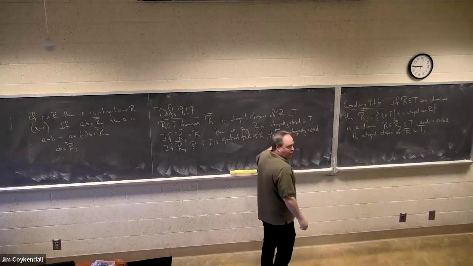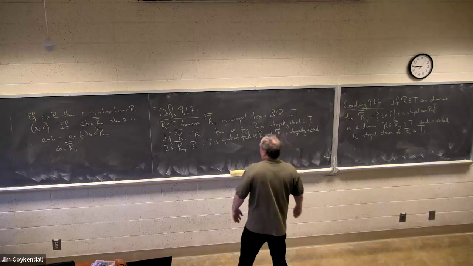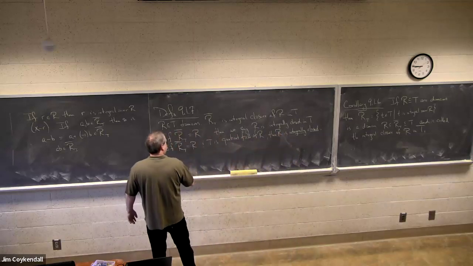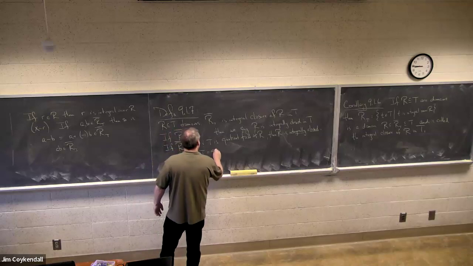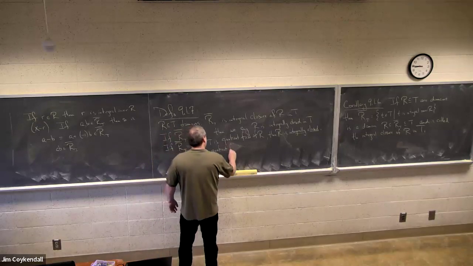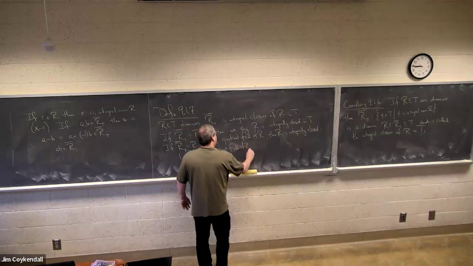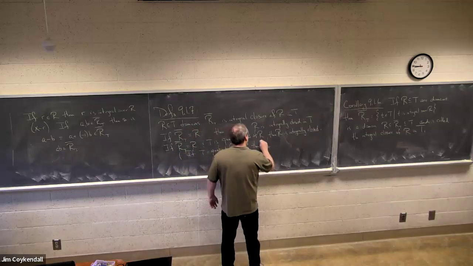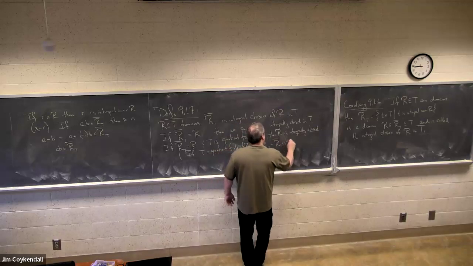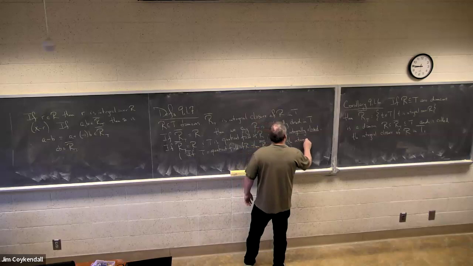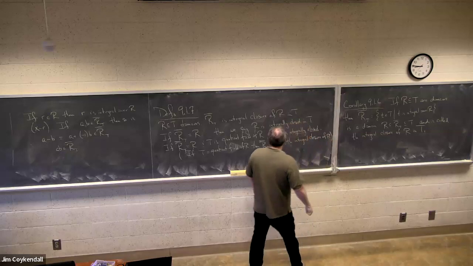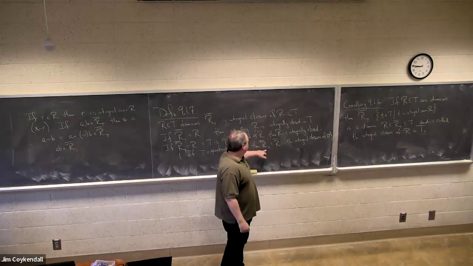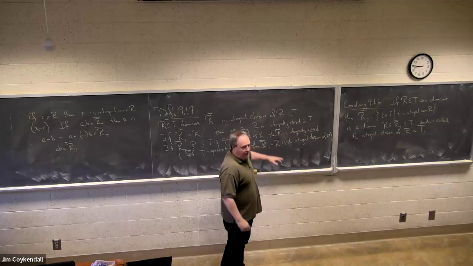When you take the integral closure, it's just everything that's integral in the quotient field of R. So you're stuck there.